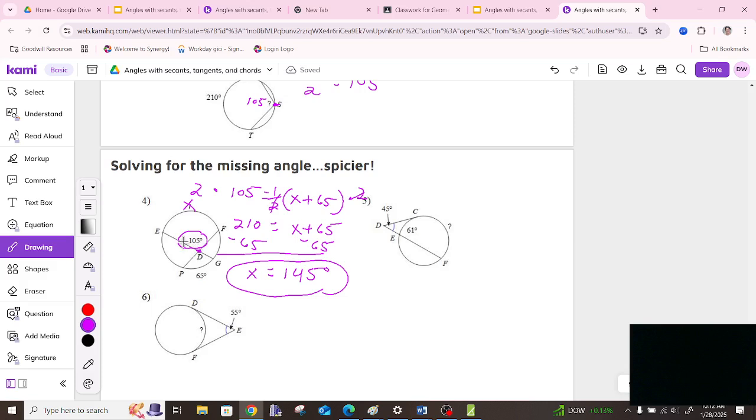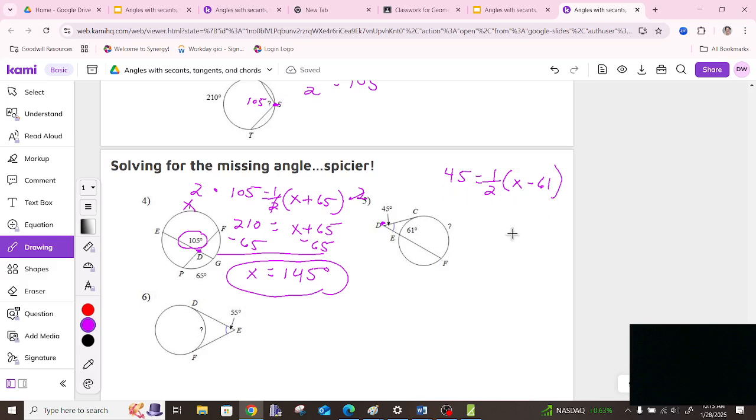So for this one, they gave you the inside angle. You had to substitute it in. And then you're just working the formula out backwards. You're solving for x. This is the same case. When it's outside, instead of an addition, what do I have? Subtraction. So in this case, I know that 45 degrees has to equal 1/2 times x minus 61.